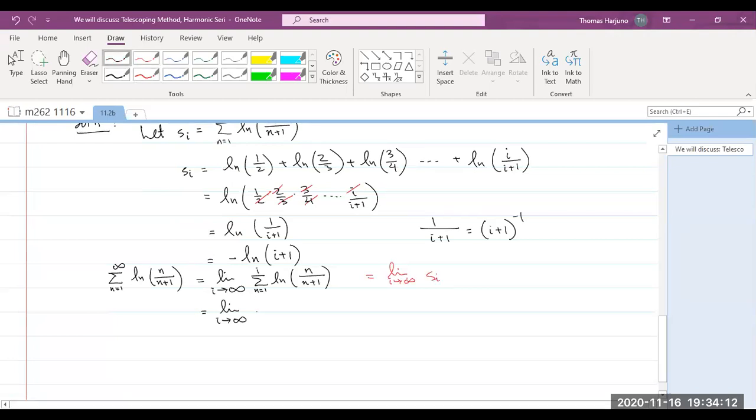What is my Si? It's negative natural log of i plus 1. So this is negative limit as i goes to infinity of natural log of i plus 1. This is negative infinity.